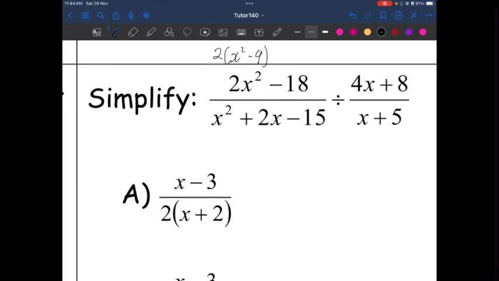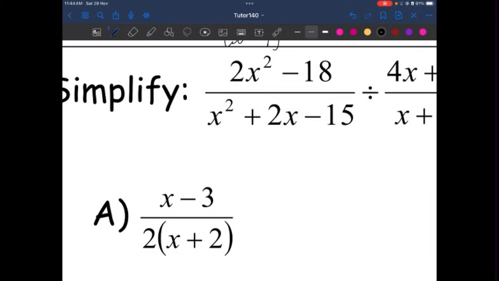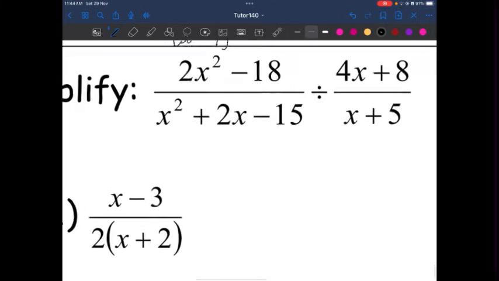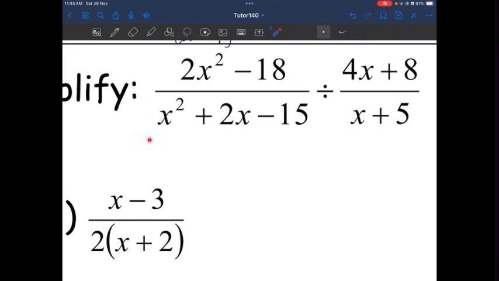The bottom, remember, when we're dealing with this quadratic equation, factors of c that add up to b. So we need two factors. So to factor this, we're going to find the factors of 15.